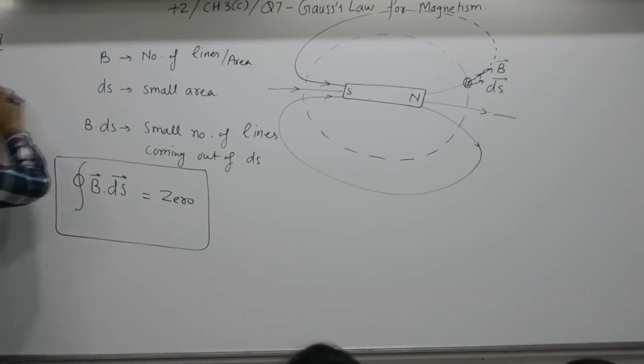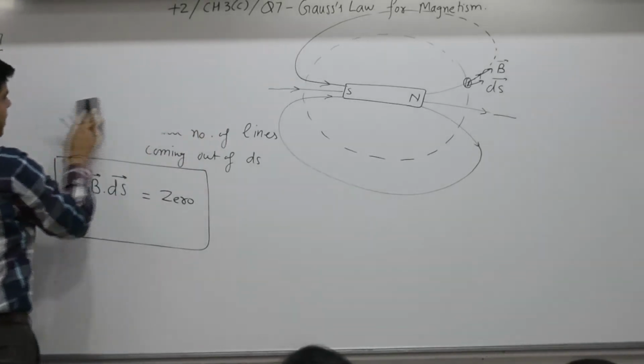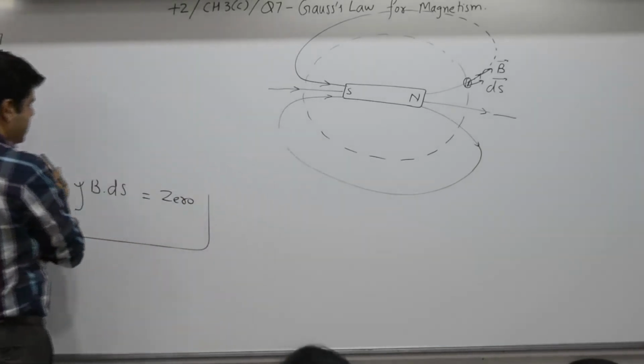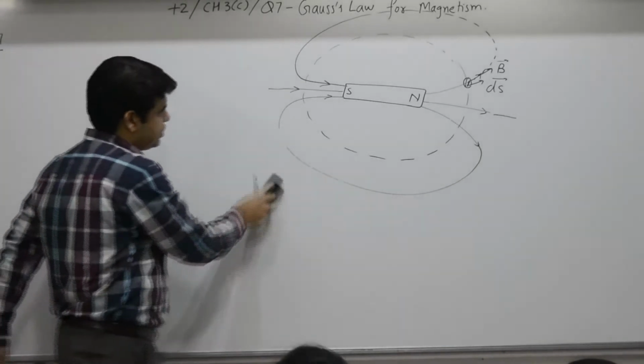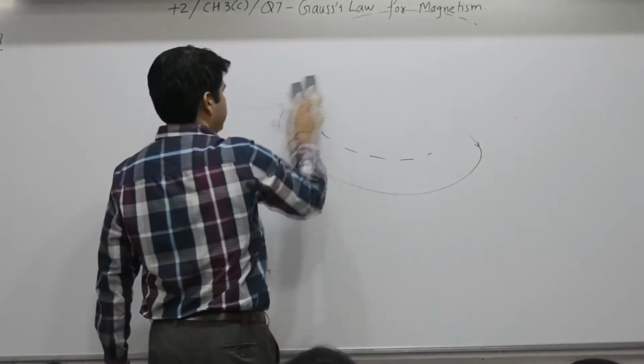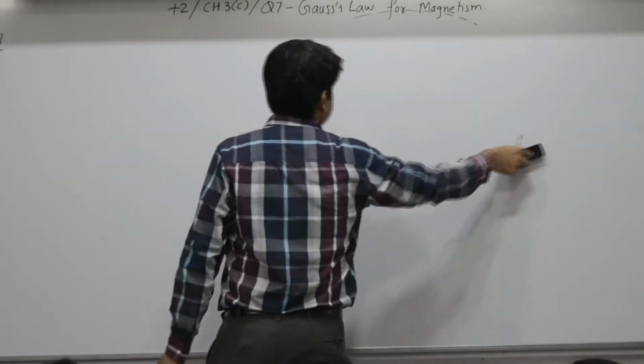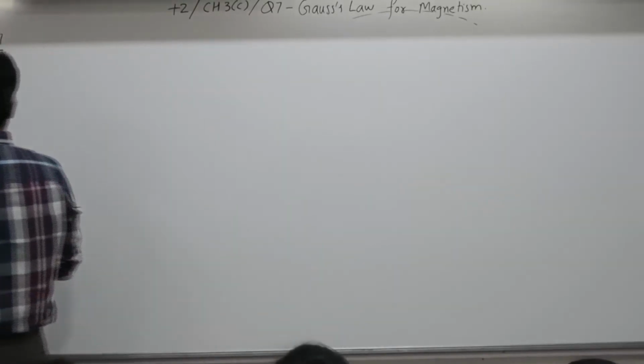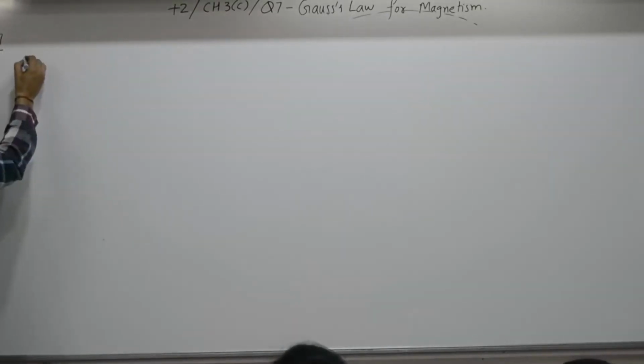Three special cases, or you can say examples of the same. Example number 1 is what? Magnet is totally inside. One case, three possibilities are there. So in terms of examples, I will say case discussion.